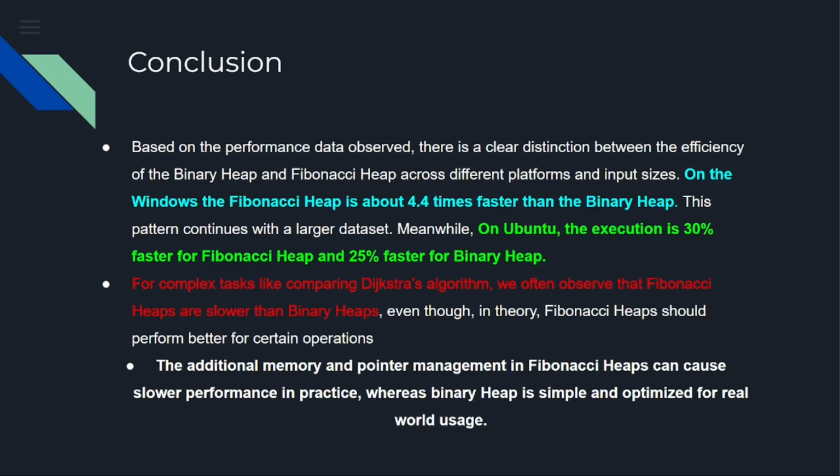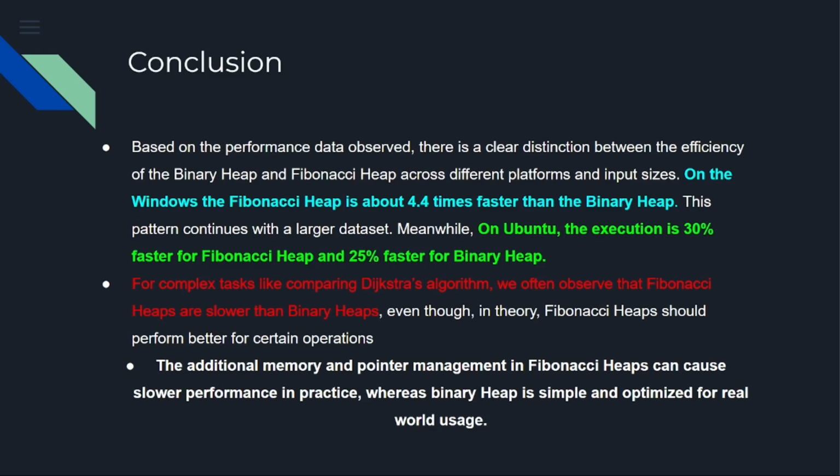So I'll be taking over from Karan and we'll be discussing the conclusion. Based on our performance data, we clearly see that the binary heap and Fibonacci heap have different performance based on the platform and input size. On Windows, the Fibonacci heap was 4.4 times faster compared to the binary heap, and on Ubuntu, it was 30% faster for Fibonacci heap and 25% faster for binary heap.